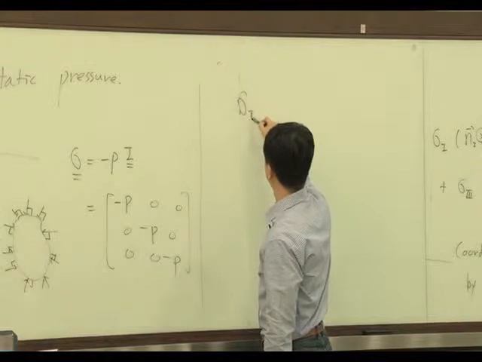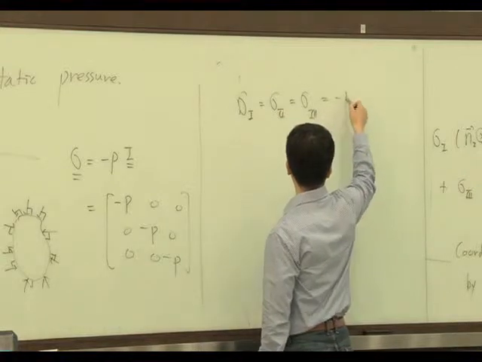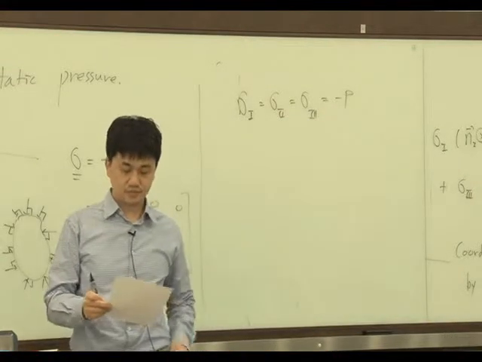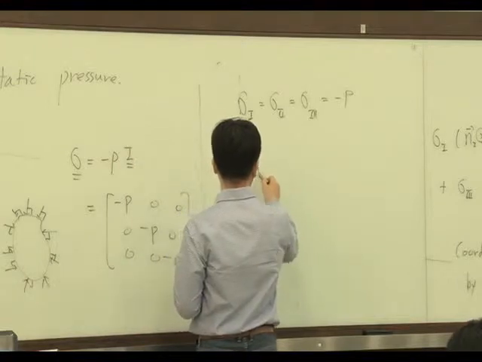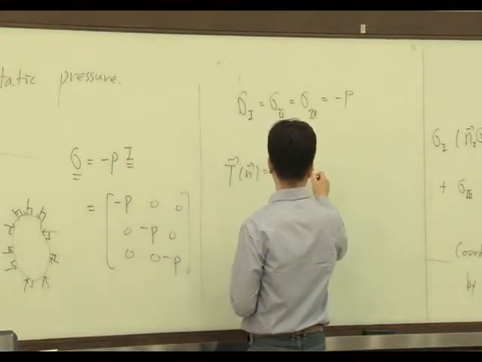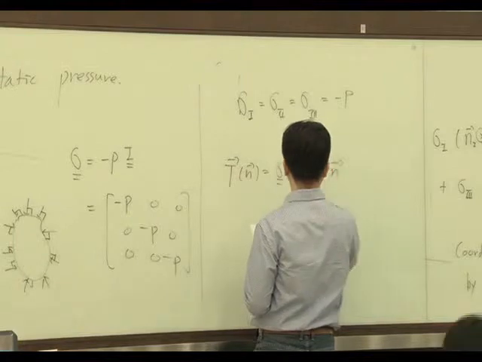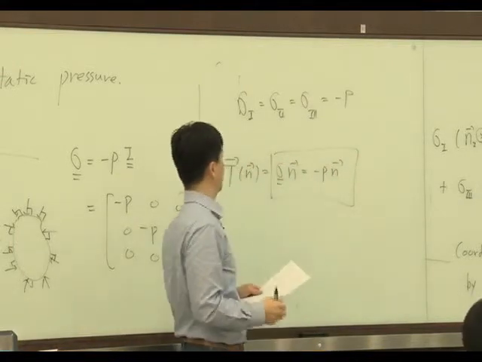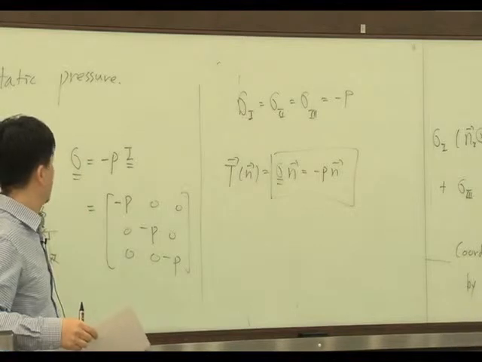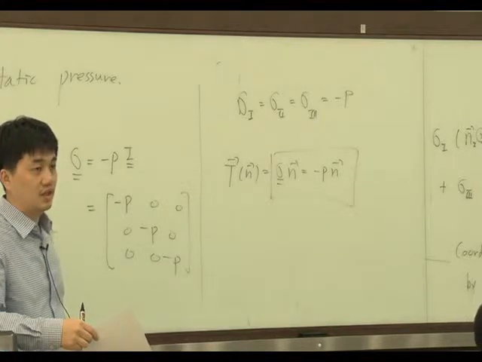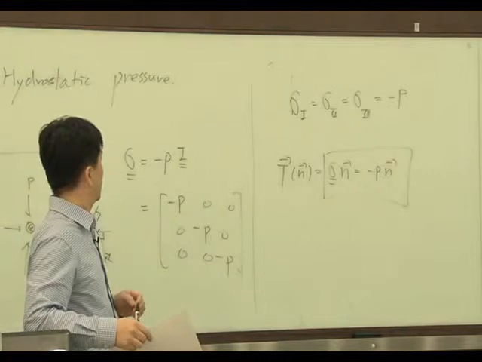Here, principal stresses 1, 2, 3 are the same, equal to minus P. So the stress equals minus P times n. In the hydrostatic pressure state, all the principal stresses are the same.